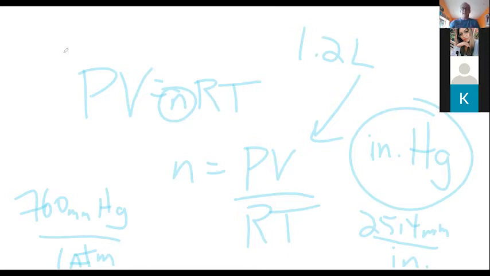Now, when it comes to T, how are we going to measure T? A thermometer? Yes, we have a thermometer in our kit. What are the units of temperature on the thermometer?